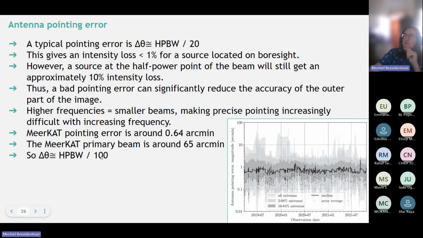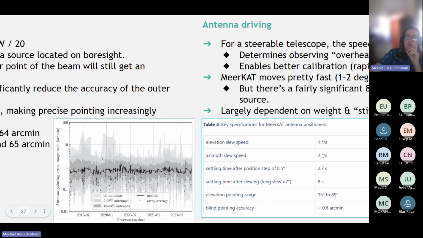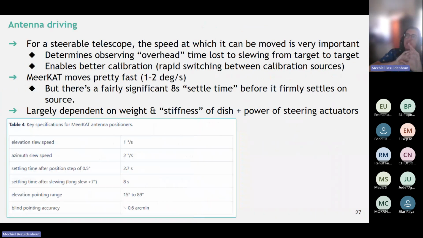Another important factor with telescopes is the driving of the antenna. If you have a steerable telescope like Meerkat, the speed at which it can be moved physically is very important. The reason is that it determines the observing overhead of time that is lost to slewing from target to target. When the telescope moves from target to target, that's called slewing.